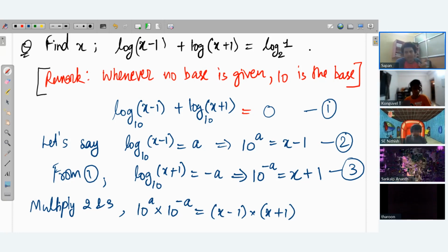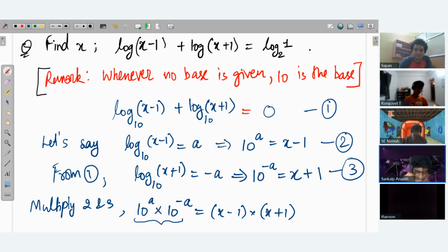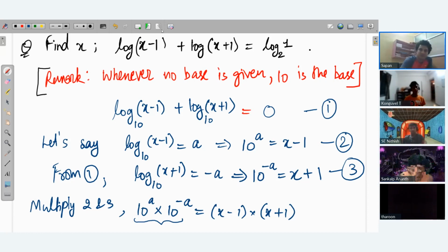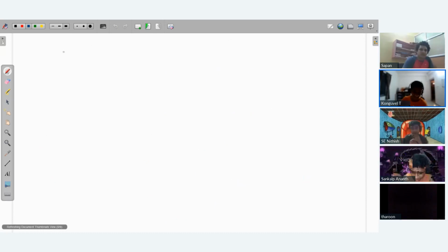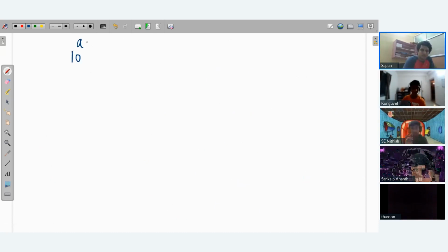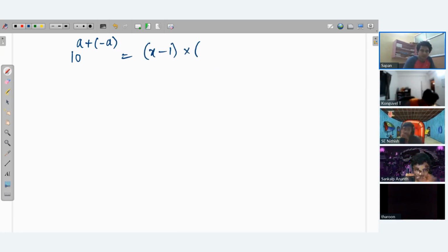LHS multiplying, RHS multiplying. The powers will cancel, sir. So this will be written as 10 raised to the power a plus minus a is equal to x minus 1 into x plus 1, right?